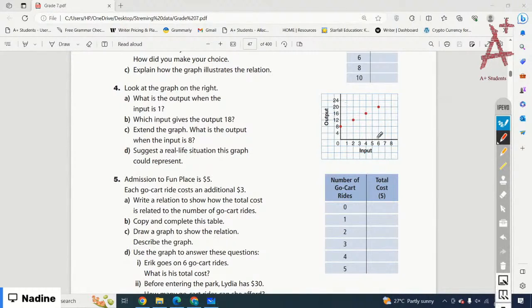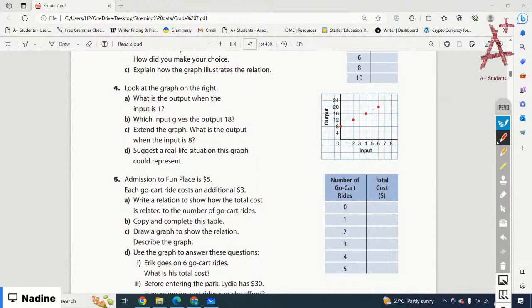That means you are somewhere here. You just have to look at the values on the graph. Make a line and match this value to the x-axis. That means when output is 18, input is 5, right?